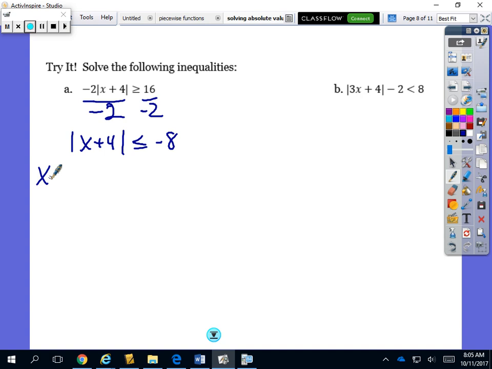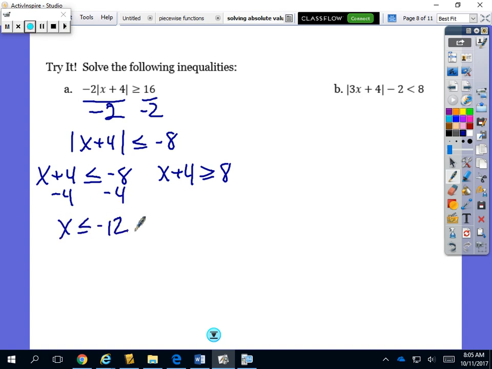So this is x plus 4 is less than or equal to negative 8. x plus 4 is greater than or equal to 8. So we've got subtract 4. x is less than or equal to negative 12. Subtract 4. x is greater than or equal to 4.